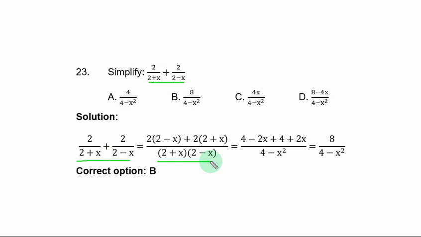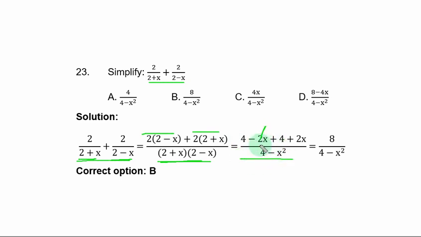So if you divide the LCM by the first denominator, you have 2 minus s multiplying the first numerator. If you divide the same LCM by the second denominator, you are left with 2 plus s times the second numerator. If you open the respective brackets, you have this result.